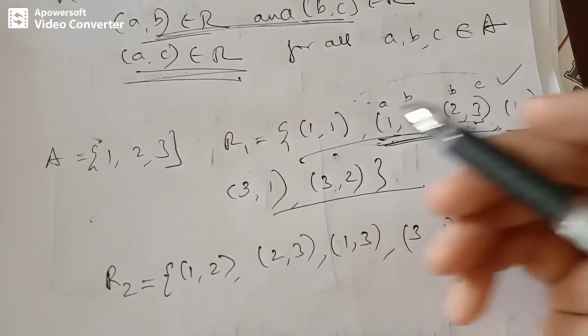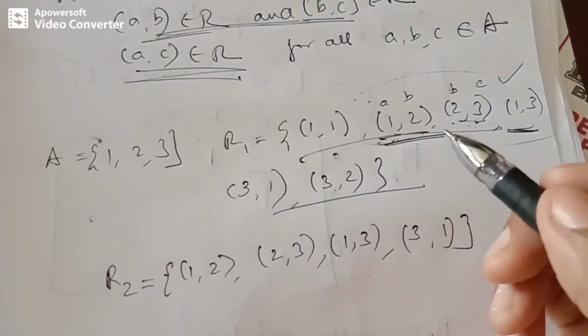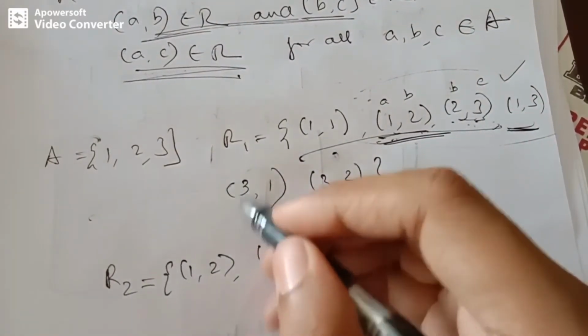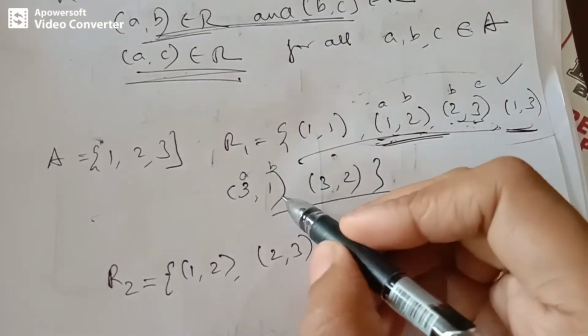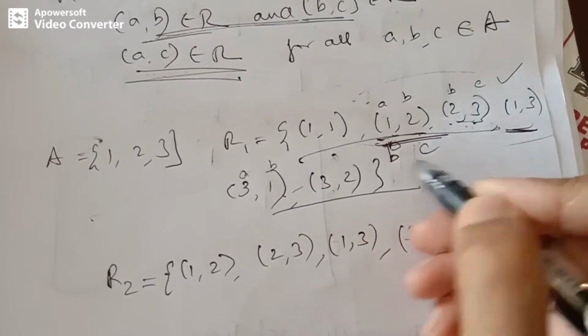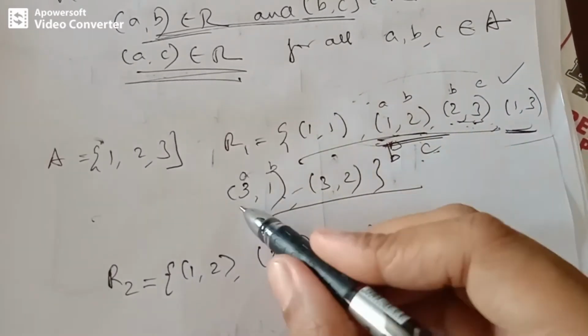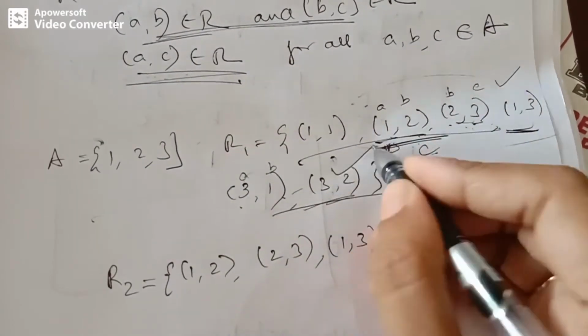I need to look into all pairs. So let's consider this. (a, b) belongs to R. (b, c) belongs to R. Can I have (a, c)? Do I have (3, 2) belongs to R? Yes.